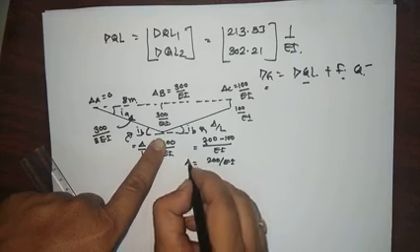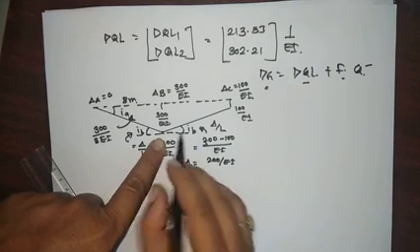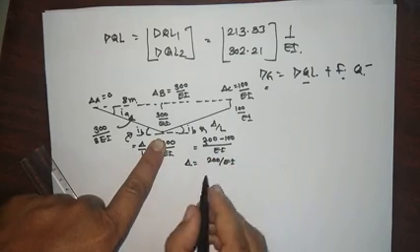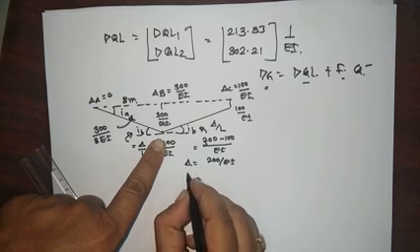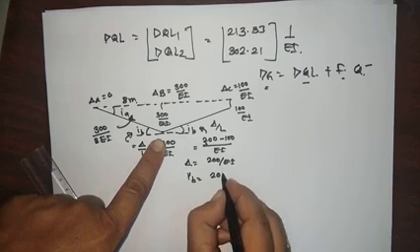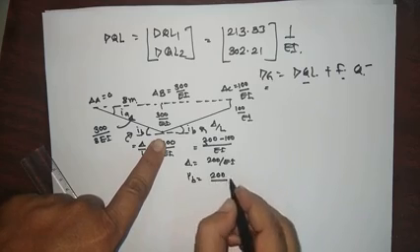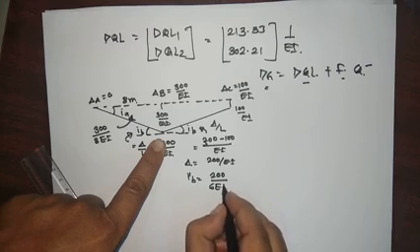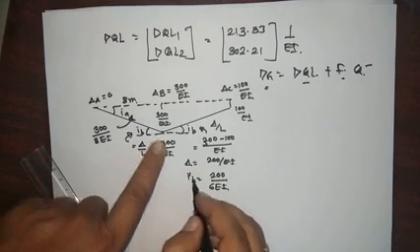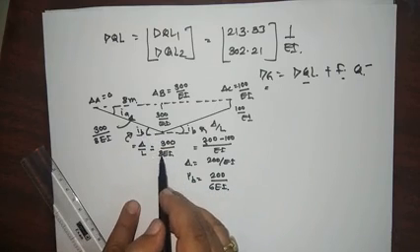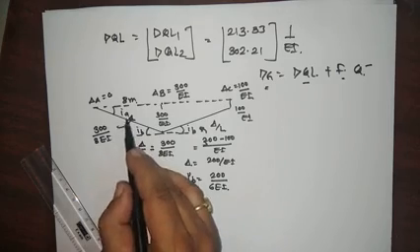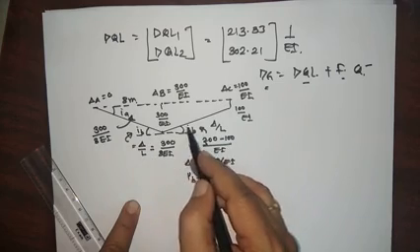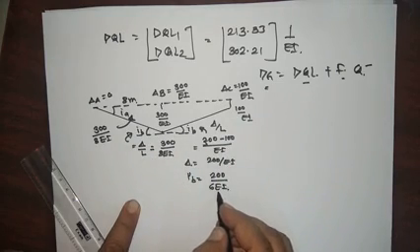This is the delta, here delta B minus delta C. Now the formula is delta by L, that is 6 EI. So at B is 300 upon 8EI, rotation at A is 300 upon 8EI, and this becomes 200 upon 6EI.